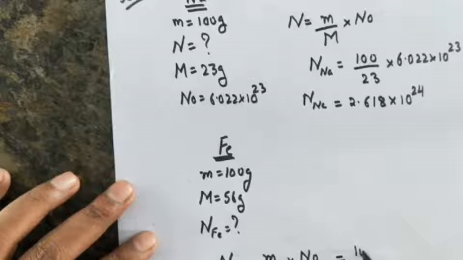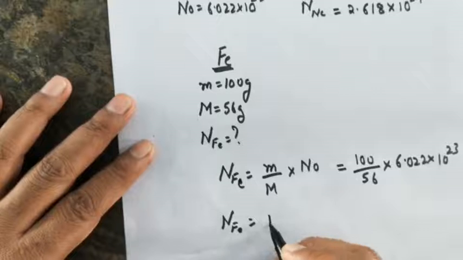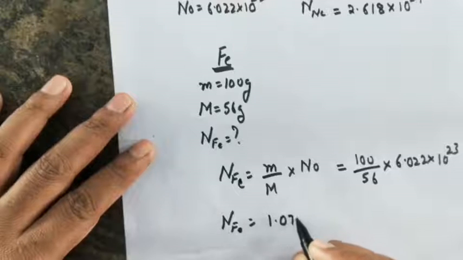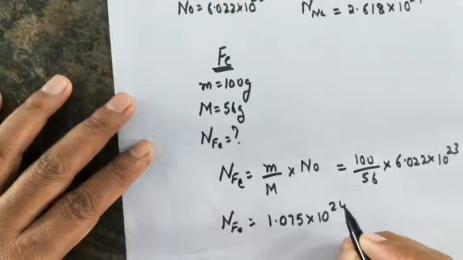So mass is 100, molar mass is 56 into N naught, that is 6.022 into 10 raised to 23. Answer comes out to be equal to 1.075 into 10 raised to 24.